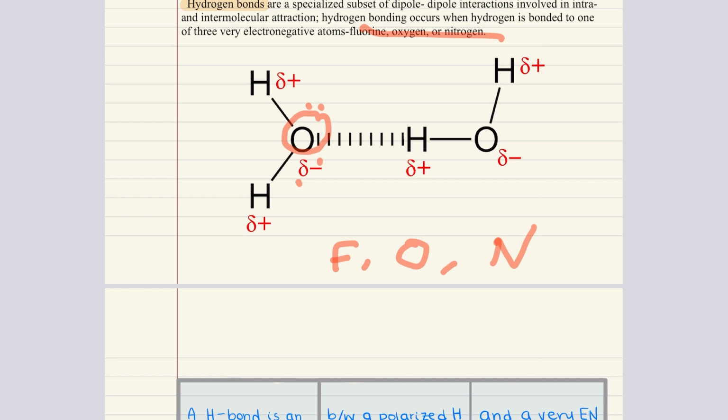Another great example is hydrofluoric acid, where fluorine's high electronegativity creates a highly polarized hydrogen-fluorine bond. The partial positive hydrogen on one hydrofluoric acid molecule is strongly attracted to the partial negative fluorine on another, and in this manner they form strong hydrogen bonds. However, unlike water, each hydrofluoric acid molecule can only form one hydrogen bond, so that limits its hydrogen bond network.